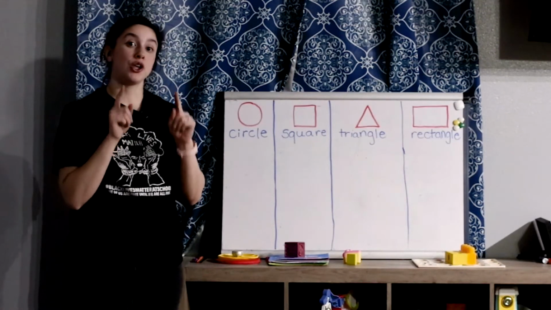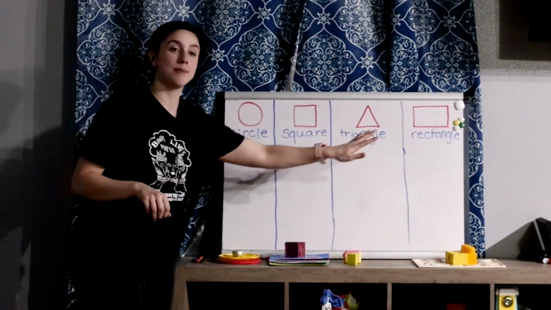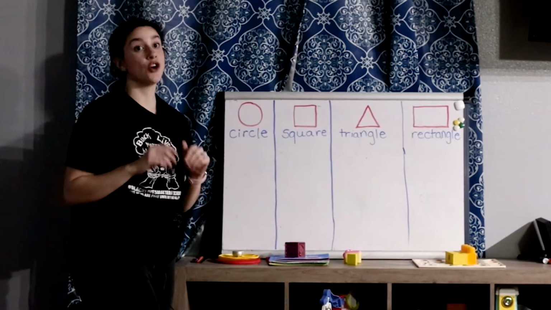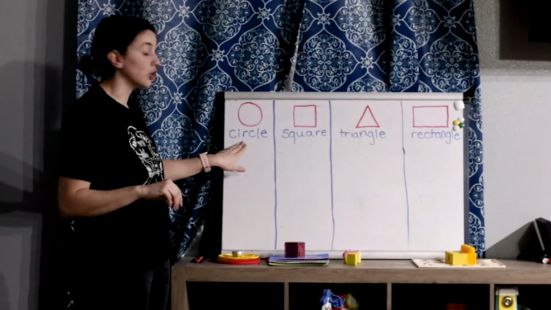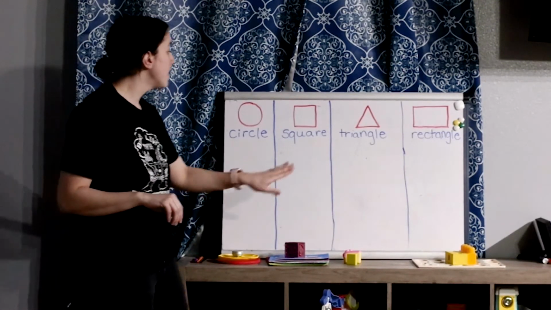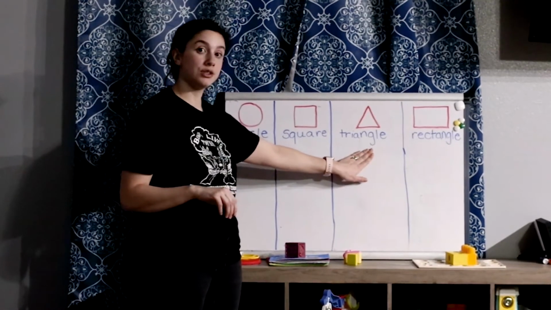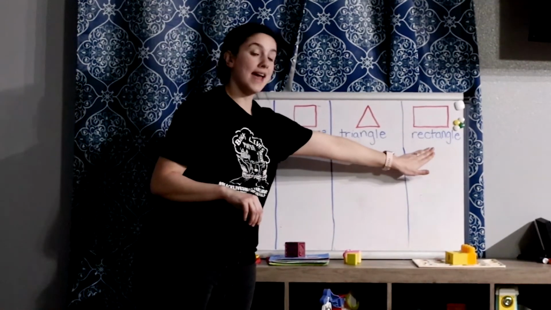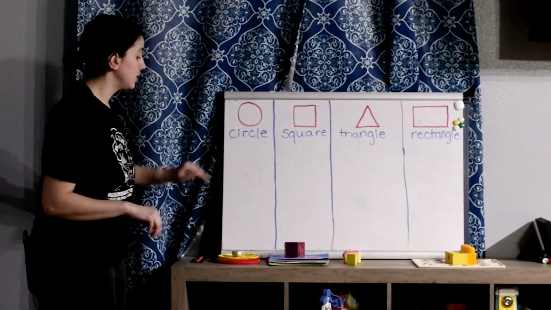So what I want you to do is find different shapes inside your house. So you're going to be looking for circles, squares, triangles, and rectangles. So let me remind you of these shapes.